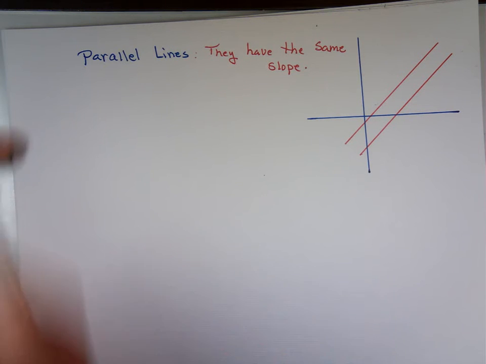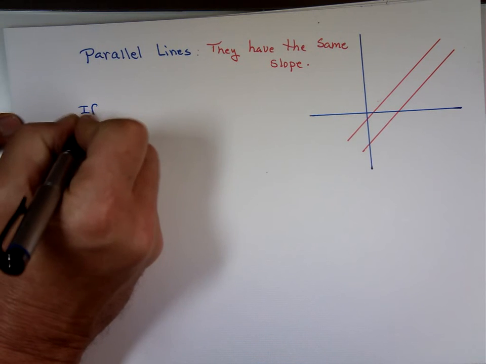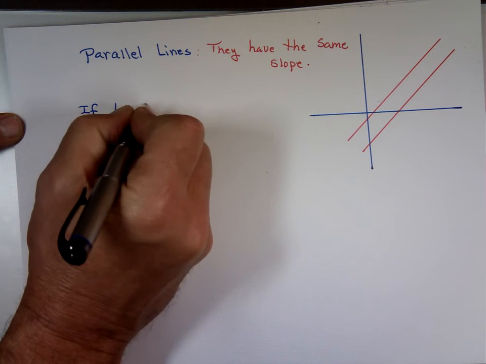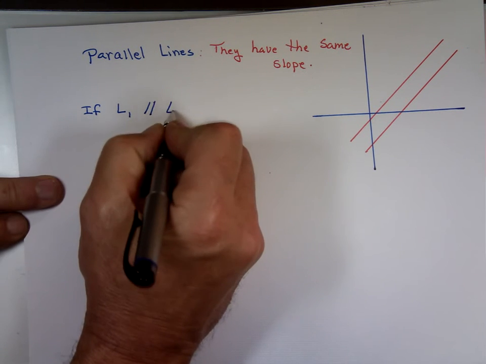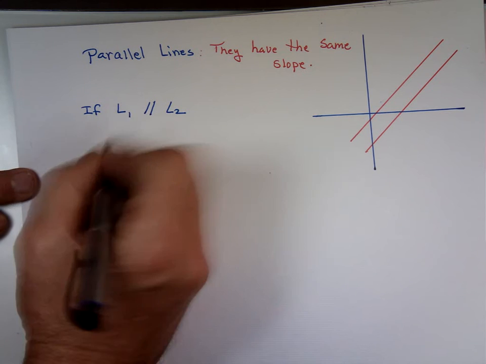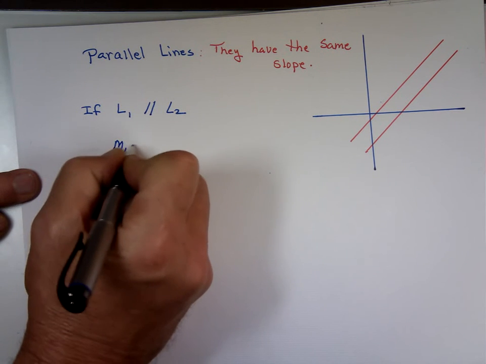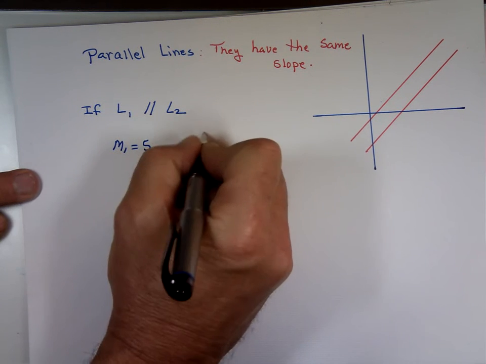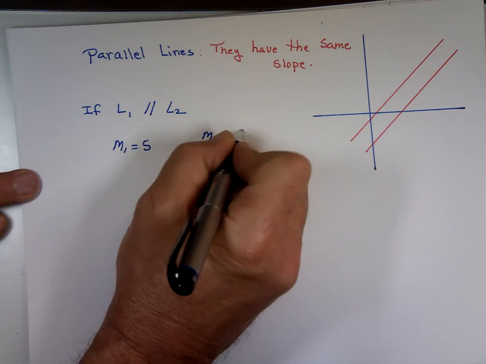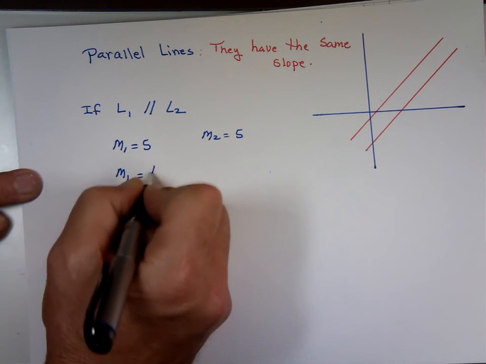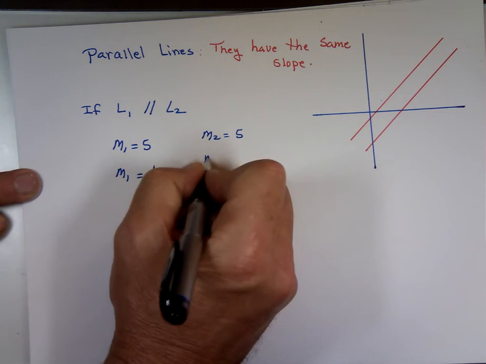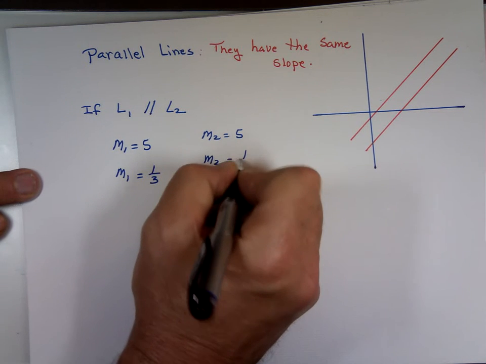So if line 1 is parallel, that's how we write parallel, that's a shortcut, 2 slashes, to line 2, if they are parallel, and if M1 equals 5, what do you think M2 is going to equal? Better equal to 5. If M1 equals 1/3, what's M2? 1/3, they have the same slope.